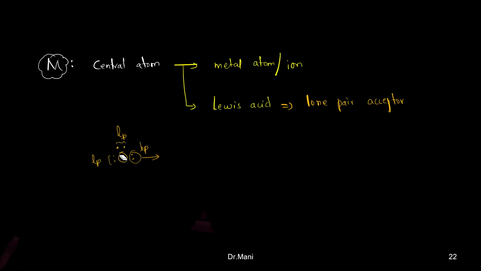If the oxygen donates this pair, it is the Lewis base, and the acceptor is called the Lewis acid. So remember, a Lewis acid is a lone pair acceptor.